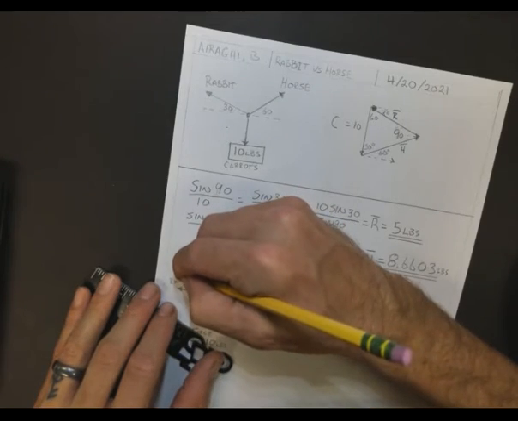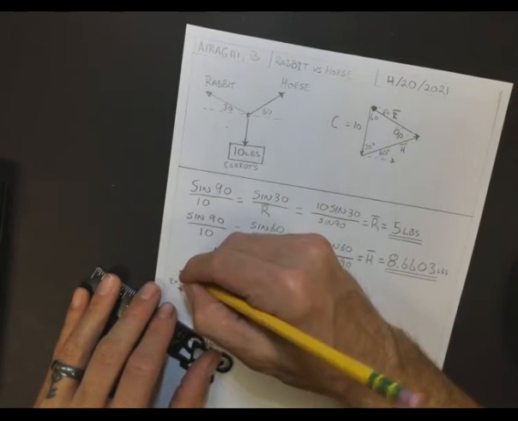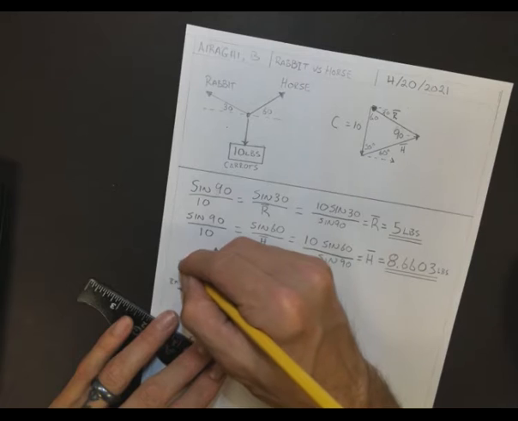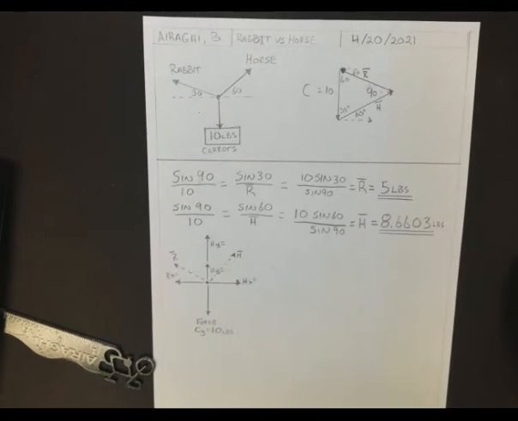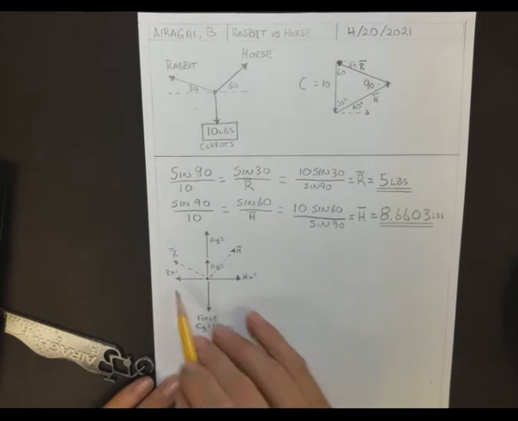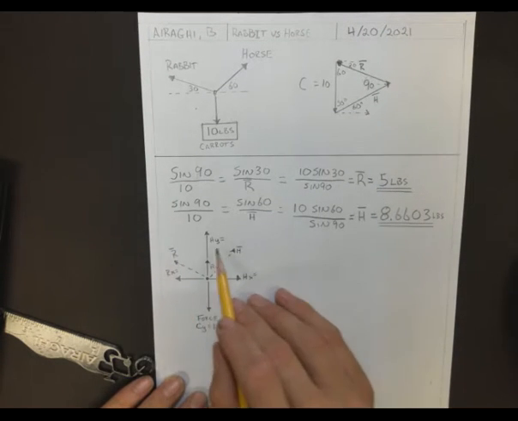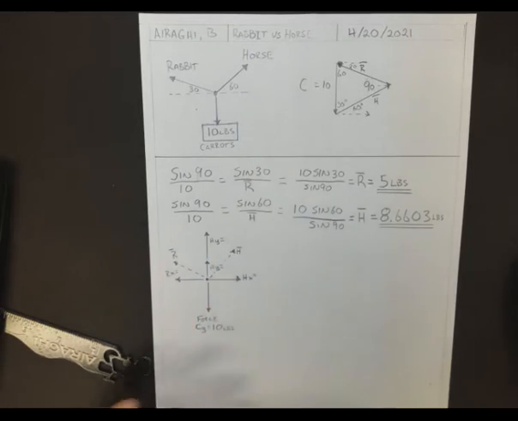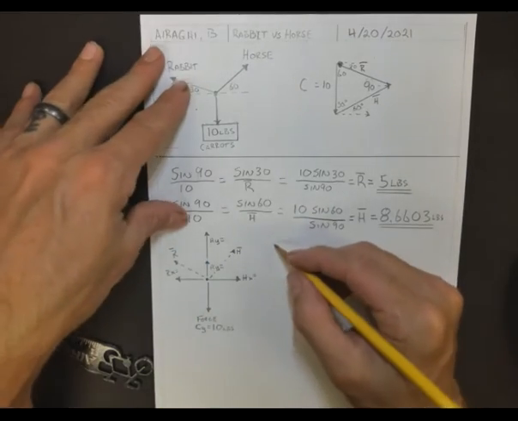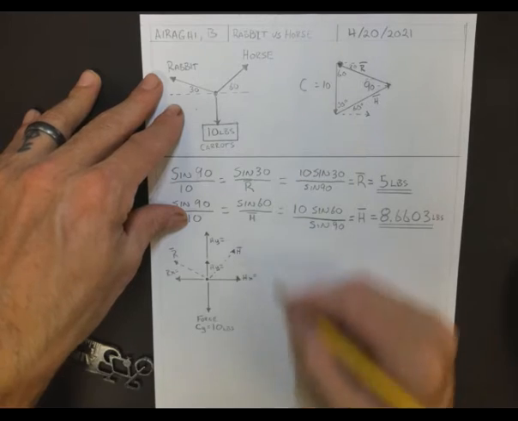This is R, vector R. Okay? That is my first free body diagram. So let's solve for HX and HY, RY, and RX. I'm going to do this a little bit smaller because I need this space here.